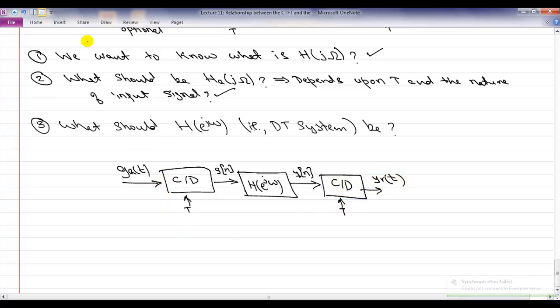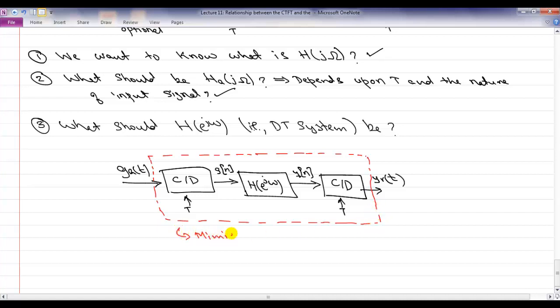And the idea is that this whole block, from before the sampling up to the reconstruction, should mimic a continuous time LTI system with frequency response of h of j omega.